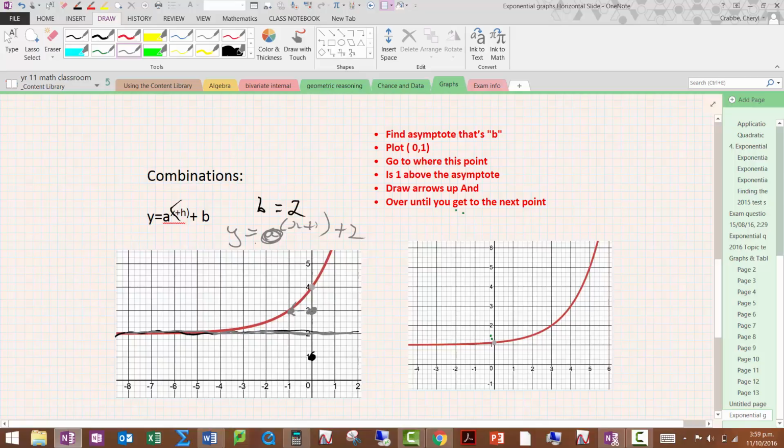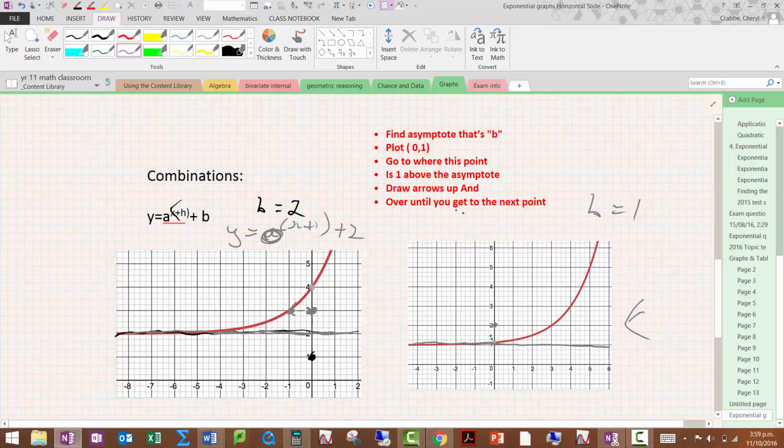So let's try the other one over here. So 0, 1, and the asymptote for this one is at 1, so it's a bit tricky, but that's my b is 1. And then we move until we get 1 above that, which is right here.